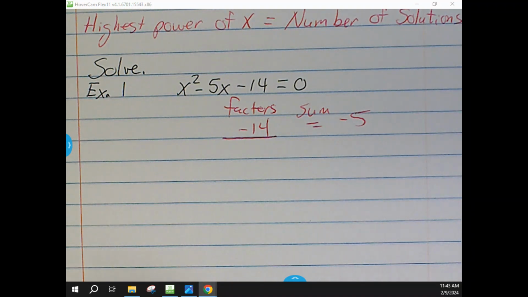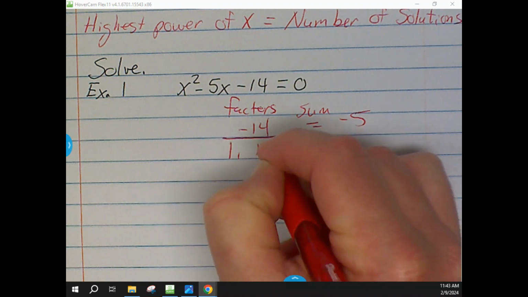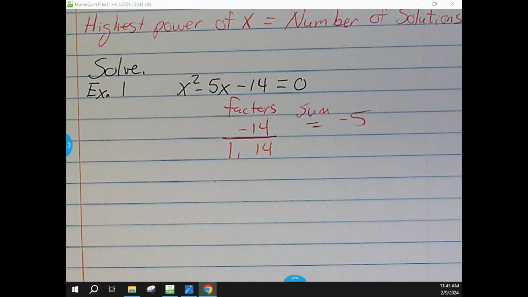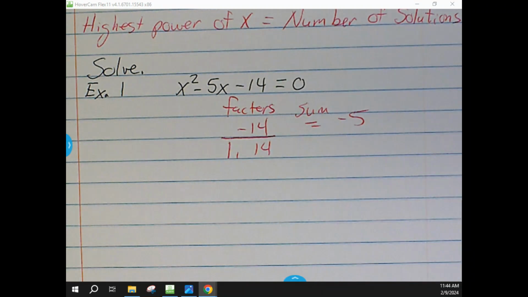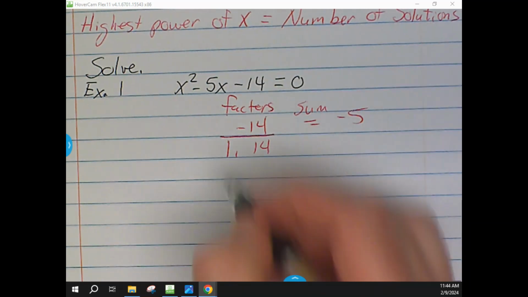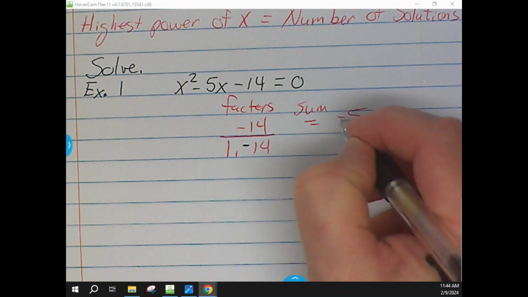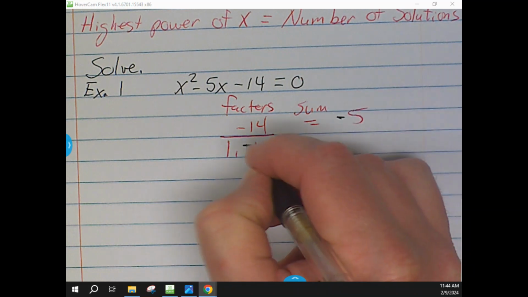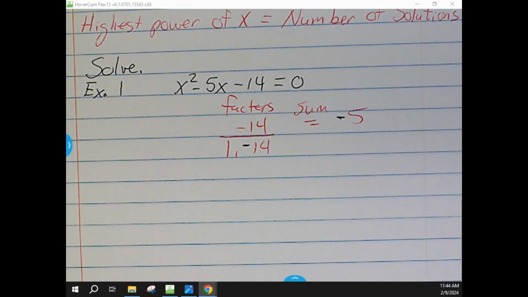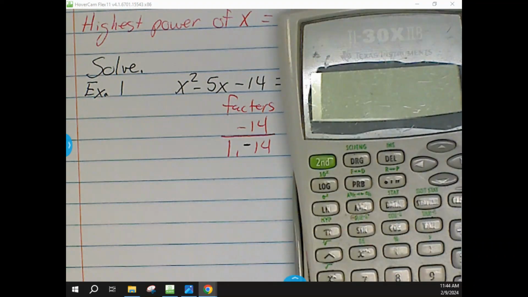Okay. And again, there's not that many options for 14. It's either 1 times 14. And what we're going to do is use that part to make sure we get the signs correct. The one thing we do know, since the sum is negative 5, the bigger number has to be negative. So it's going to be a negative 14. And to get the other number, we're just going to take negative 14 and divide it by negative 14.